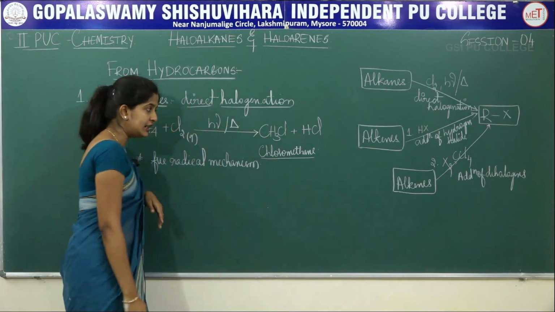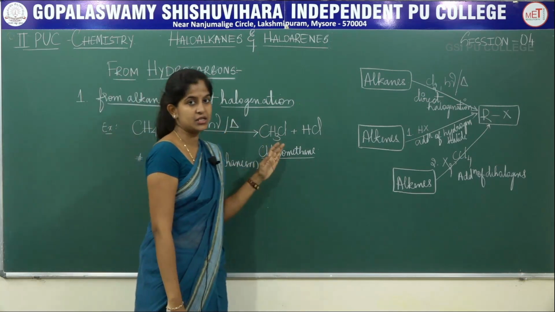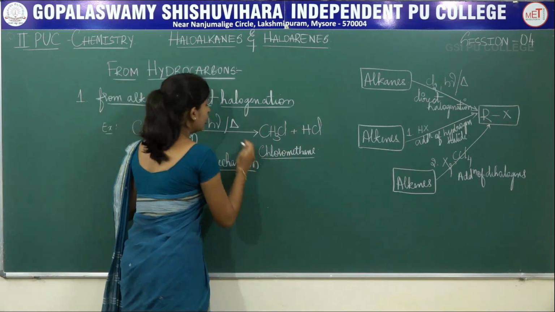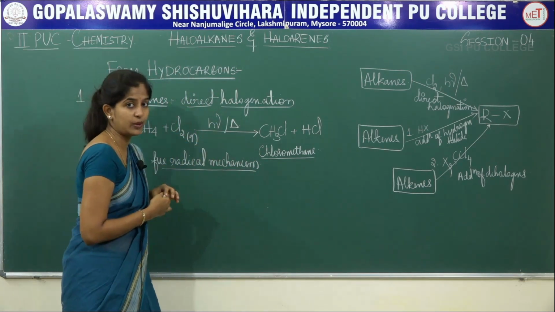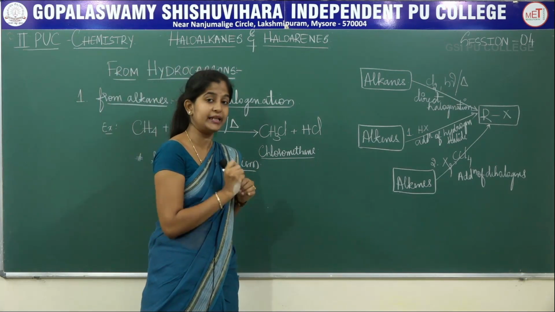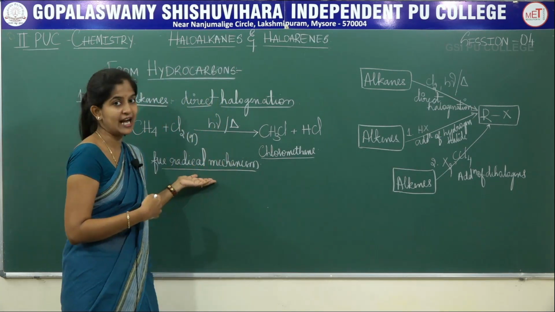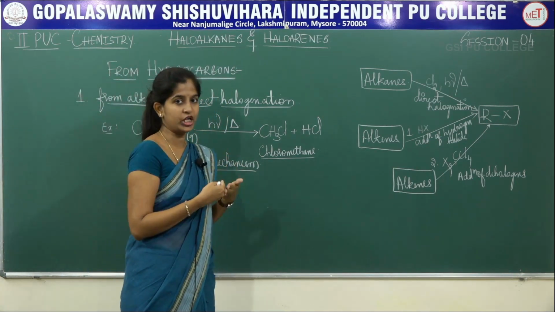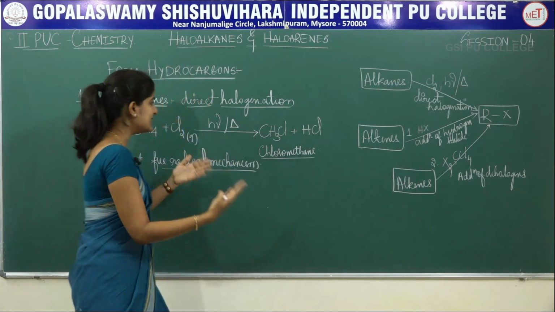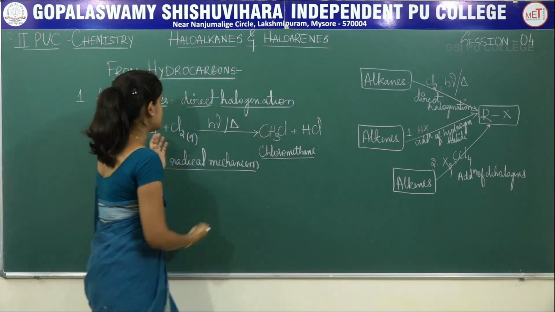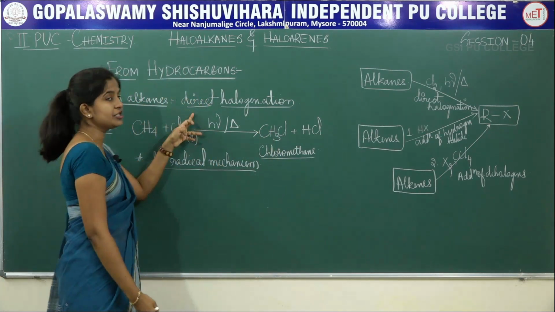That is, the intermediates involved in these reactions are free radicals. I think you know this free radical mechanism of the above reaction from your first PUC in your hydrocarbons chapter. In detail we have studied the 3 steps involved in this free radical mechanism: initiation, propagation and termination. So that's the same reaction we have taken here, wherein you prepare your haloalkane from your alkane by direct halogenation.